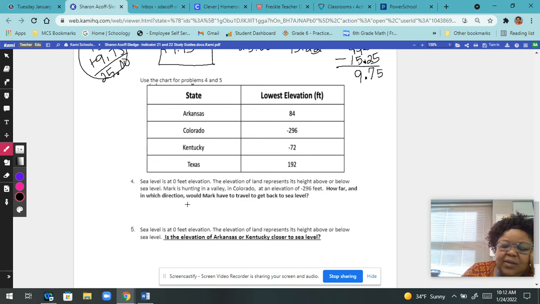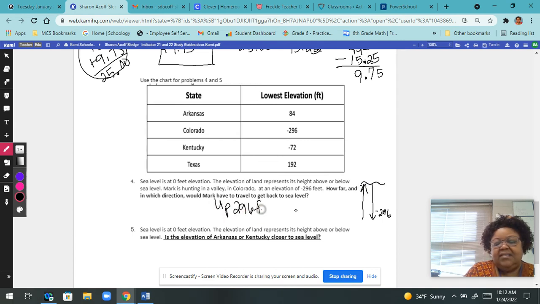How far and in which direction would Mark have to travel to get back to sea level? Okay, so if he is at an elevation of minus 296 feet, so here's the sea level and he's down here, he's going to have to go up 296 feet to get back to sea level.